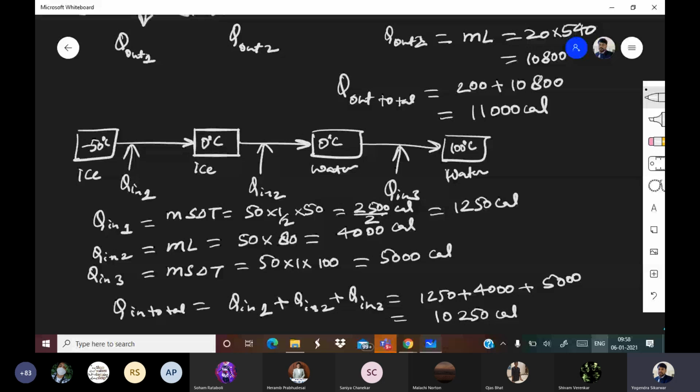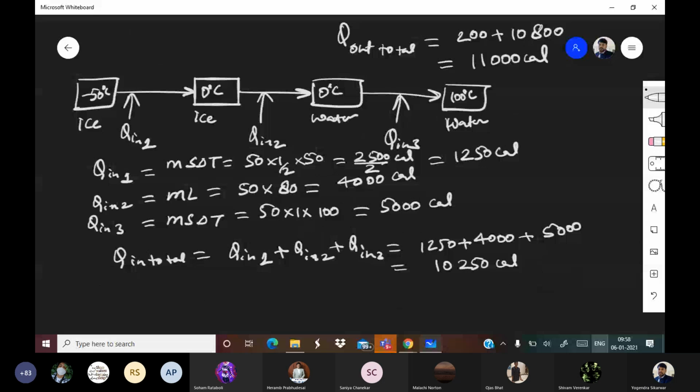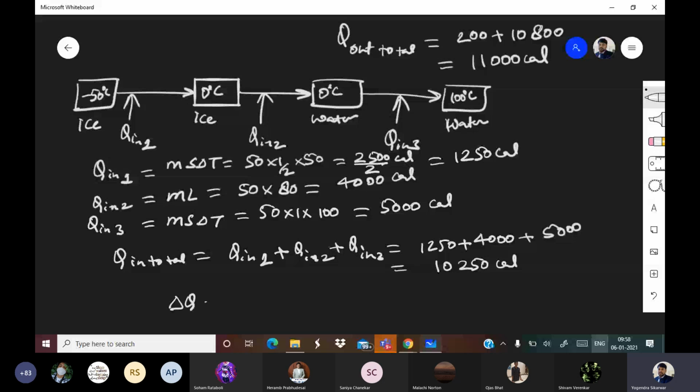So delta Q will be Q out minus Q in, that is 11,000 minus 10250, and that will be 750 calorie. Listen very carefully, everyone. After bringing everything to water at 100 degrees Celsius, we still have excess heat.